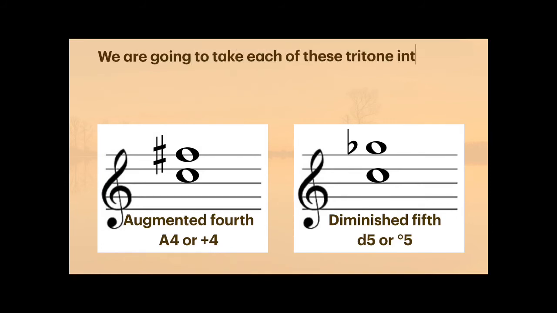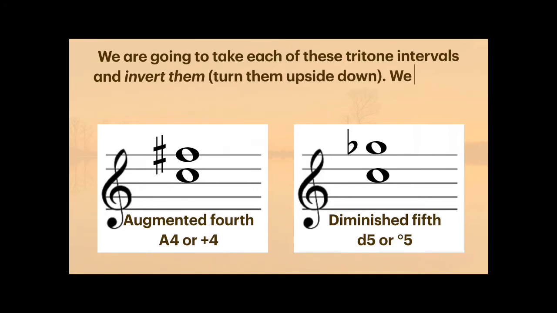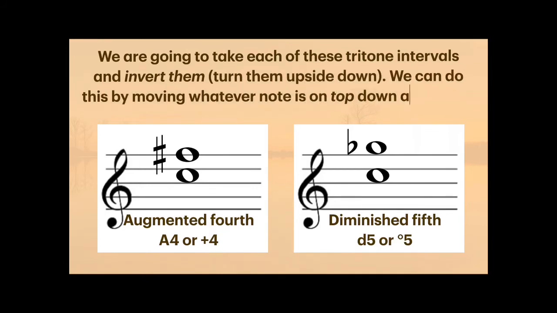We are going to take each of these tritone intervals and invert them, which means turn them upside down. We can do this by moving whatever note is on top down an octave, or moving whatever note is on bottom up an octave. This time we'll move the top pitch. Let's move the F sharp and the G flat each down an octave.